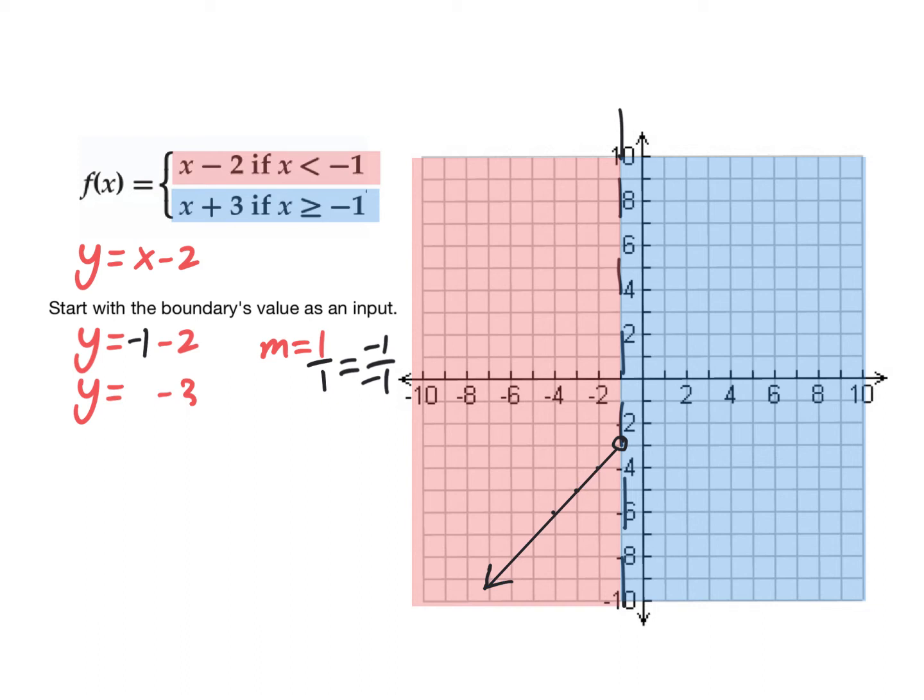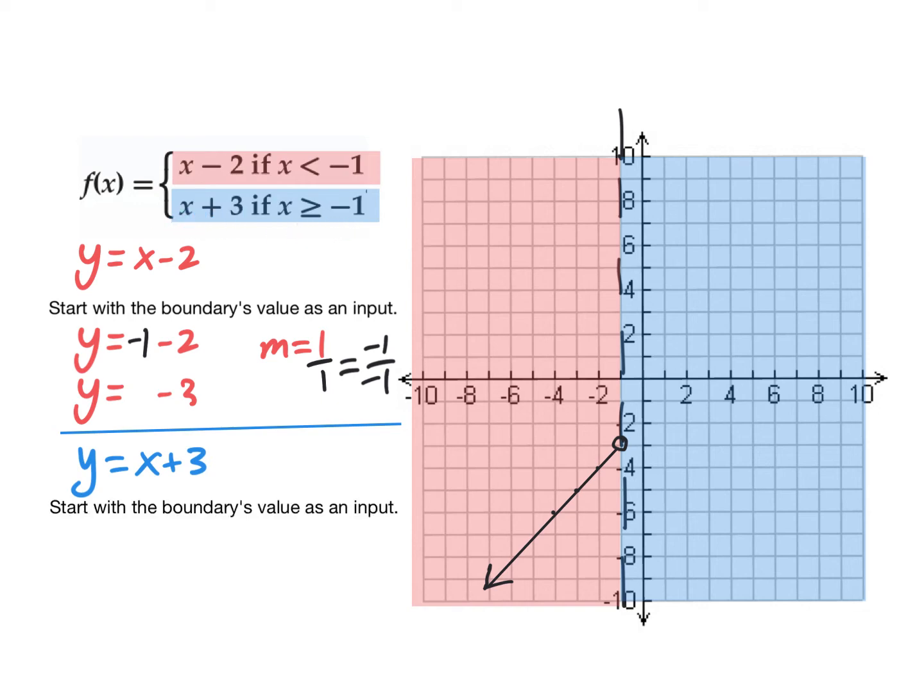Then we do the exact same thing with this rule in the blue region, okay? Here's how that's going to look. So now I'm at x plus 3. I start with my boundary again, but this time, because it's greater than or equal to, I can actually fill the point in. So I'm going to plug -1 again.